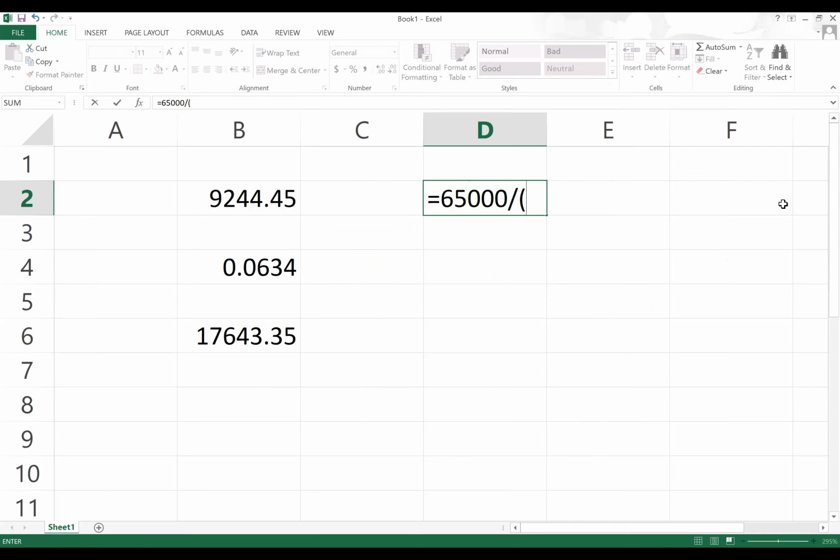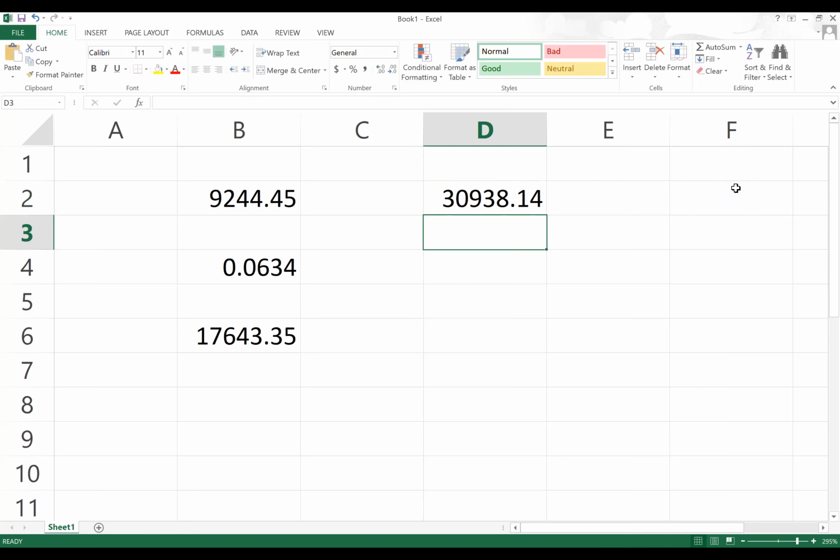Okay, and then we divide by open parenthesis for the denominator. 1 plus 0.04375 divided by 12 and raised to the 204th power. And once you do that, close parentheses. And this is the complete input. And then here, enter, you get a result, right?